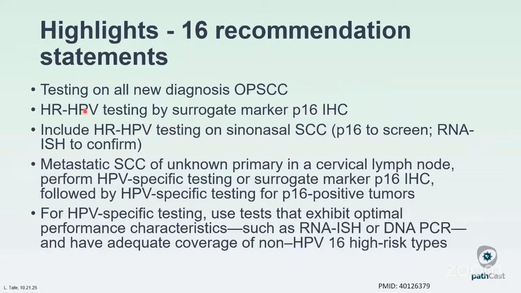And in this context, the testing by surrogate marker P16 is acceptable. It's important to include, this is a new thing, testing for sinonasal squamous cell carcinomas. And this approach of testing is a little bit different. It's recommended to use P16 to screen, but it's recommended to perform an RNA-ISH assay to confirm that indeed there is HPV virus in those tumors.